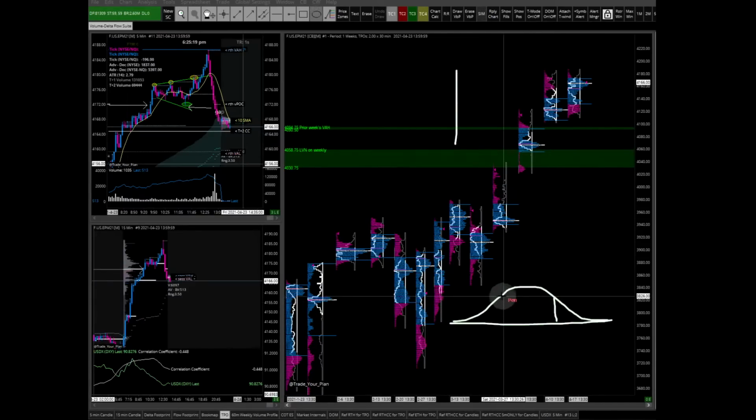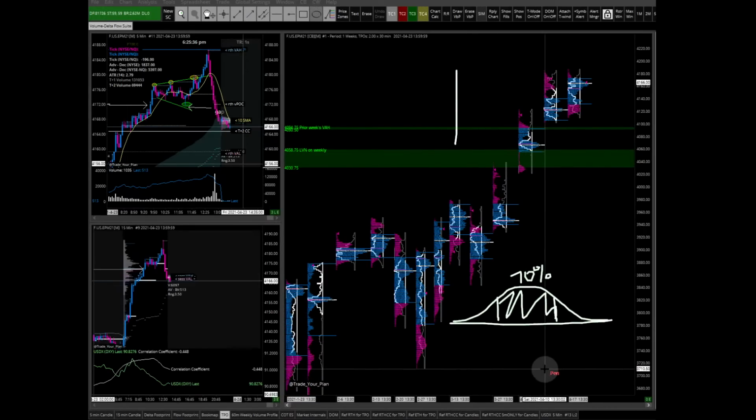And it's saying that 70% of the time price spends in this area. That's your 70% or value area. And then the area outside here on either side is like 15% and 15%, right?